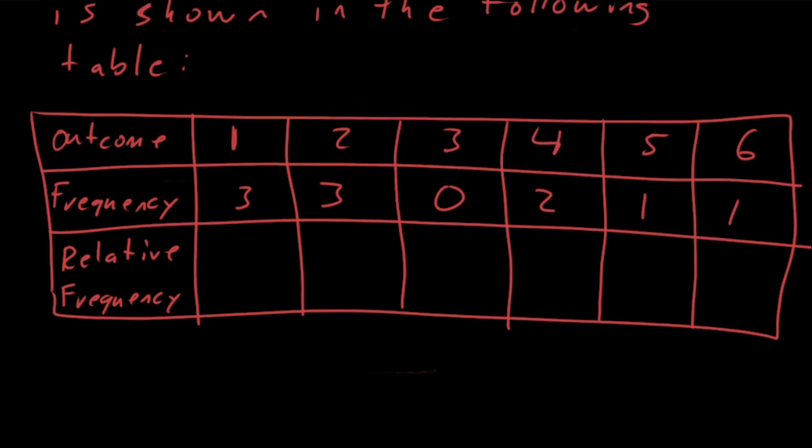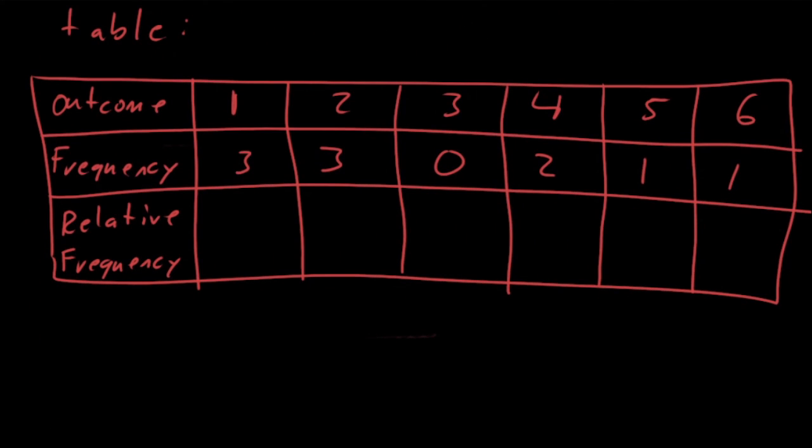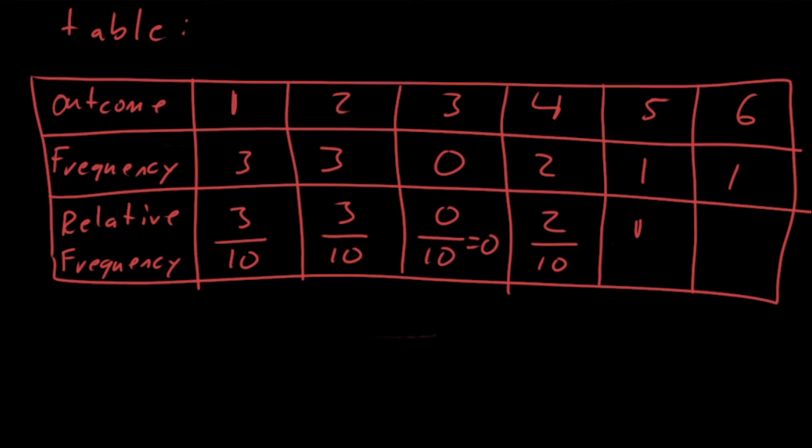And there were a total of 10, right? 10 rolls, yeah. So the relative frequency would simply be 3 over 10, right? The frequency of the outcome over the total number of times you did the experiment. 3 over 10. 0 over 10, which is 0, right? 2 over 10. 1 over 10. And 1 over 10.